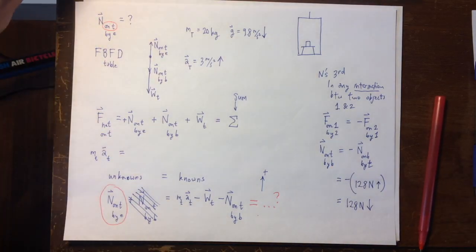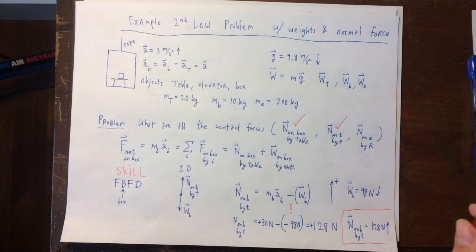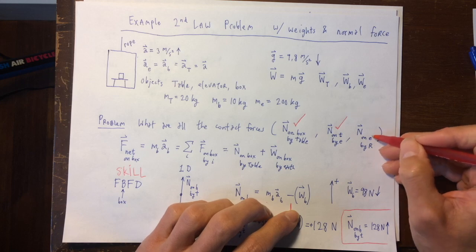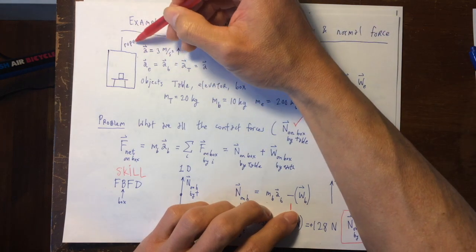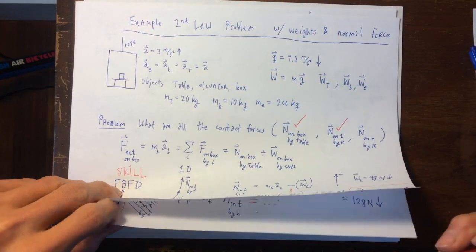Okay, so the last problem in this example is to figure out how hard the rope pulls up on the elevator. So here's the rope pulling up on the elevator. And let me give you some notes about that, and let's think about it a little bit.